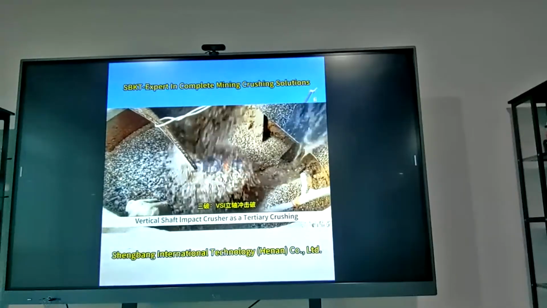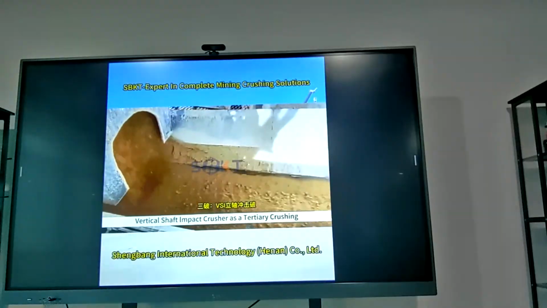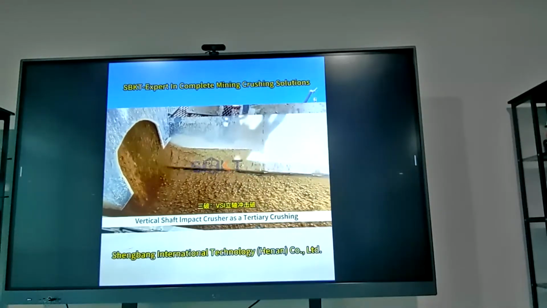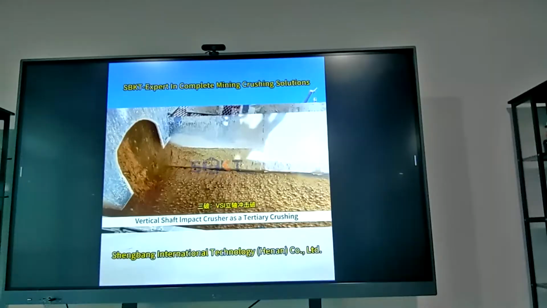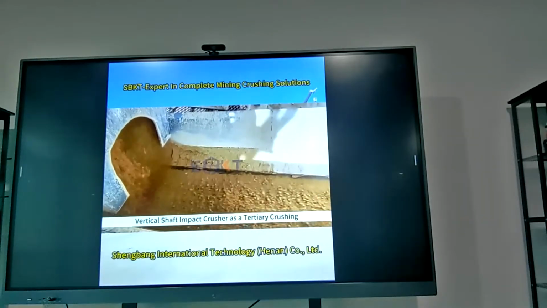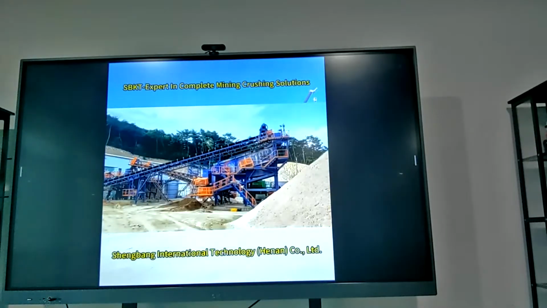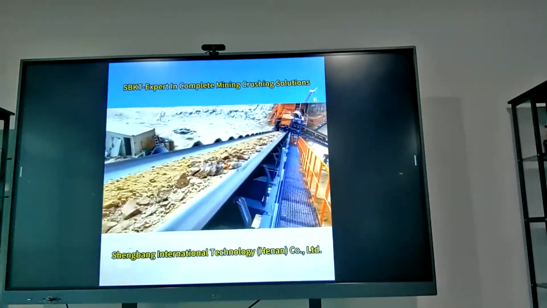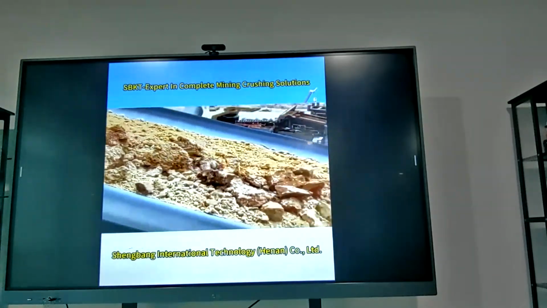But the European version jaw crusher uses engine oil lubrication. The engine oil has high fluidity and good lubrication effect, which can effectively improve the lubrication efficiency and the convenience of equipment maintenance.